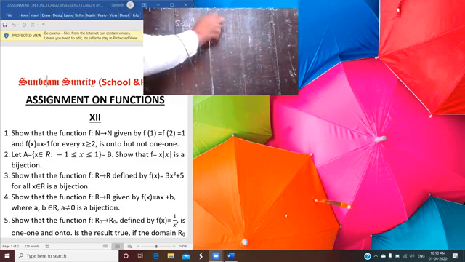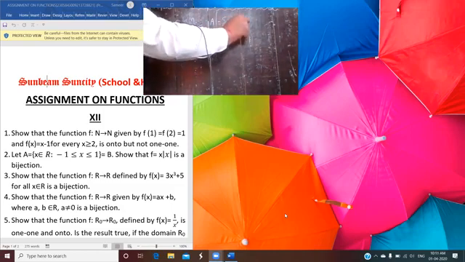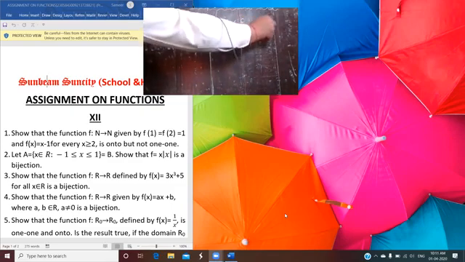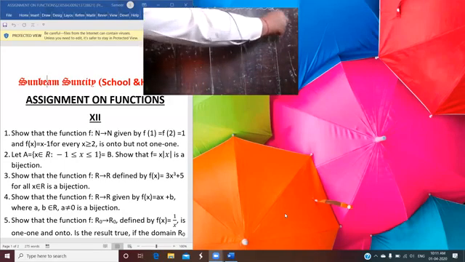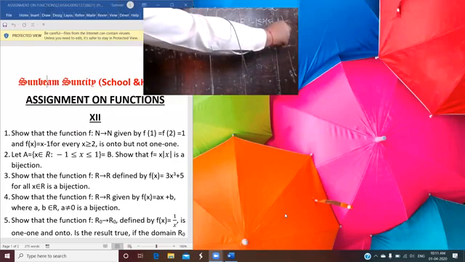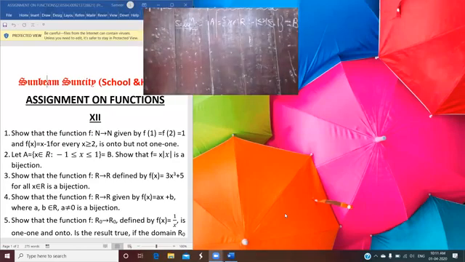So here set A is given as x belongs to R, that means real number, such that x greater or equal to minus 1 and less or equal to 1. And that set is also equal to B, that is given.